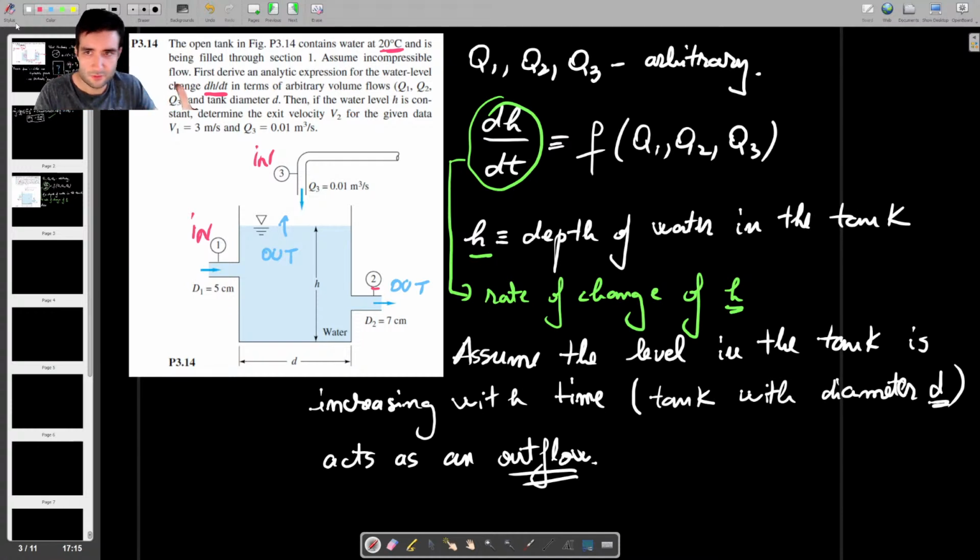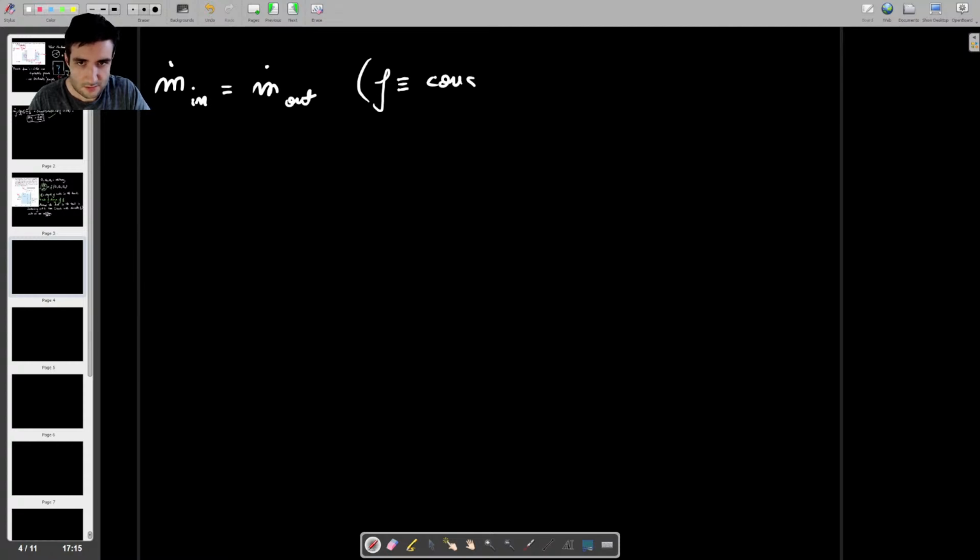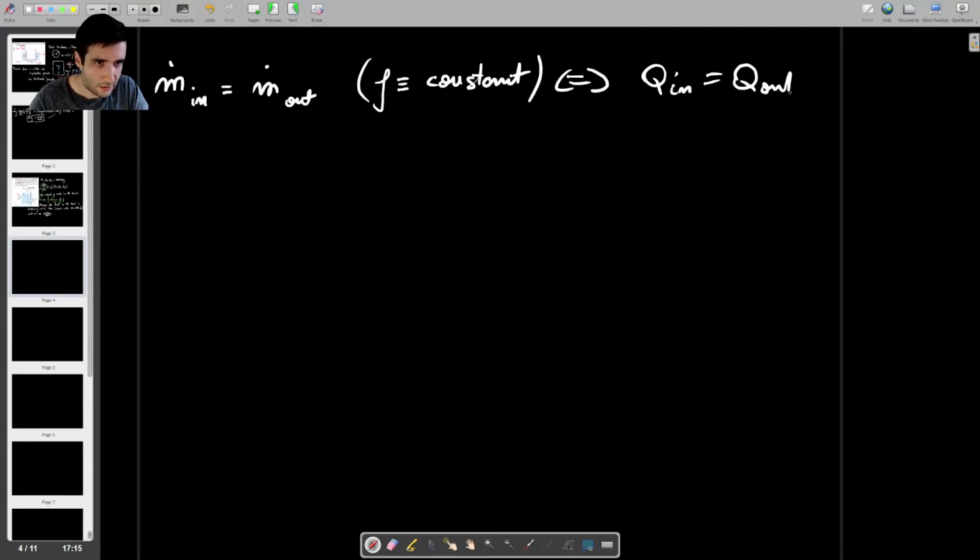In this respect, I can use mass conservation: mass flow rate going in is equal to mass flow rate coming out. But because of incompressibility, the density is constant, so this is equivalent to saying that the volumetric flow rate in is equal to the volumetric flow rate out.